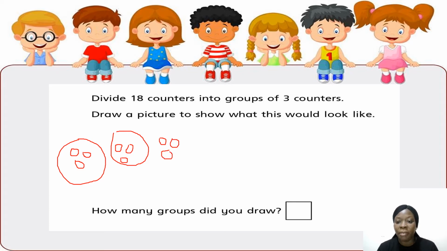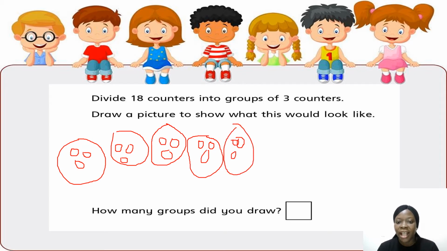I hope you can observe I'm counting forward in threes because we've been asked to divide it into groups of 3 counters. So 3, 6, 9, 10, 11, 12. This is another group of 3. 13, 14, 15. Another group. 16, 17, 18, another group.